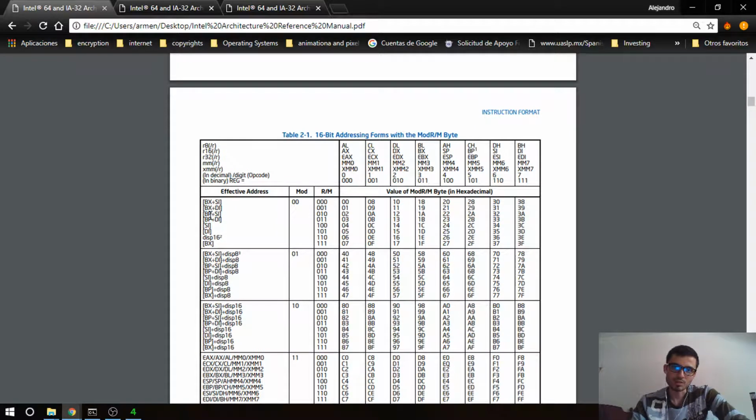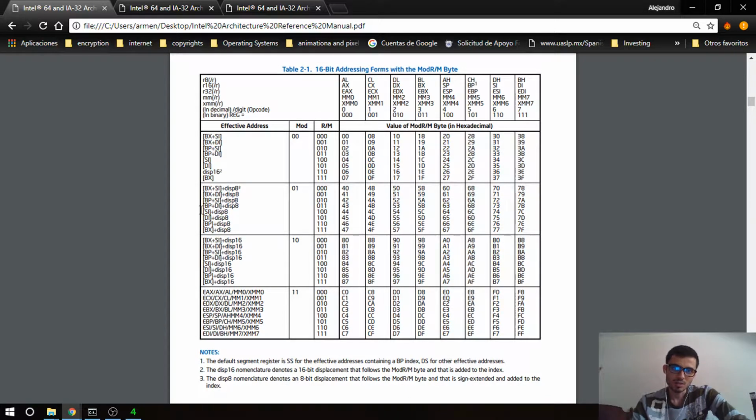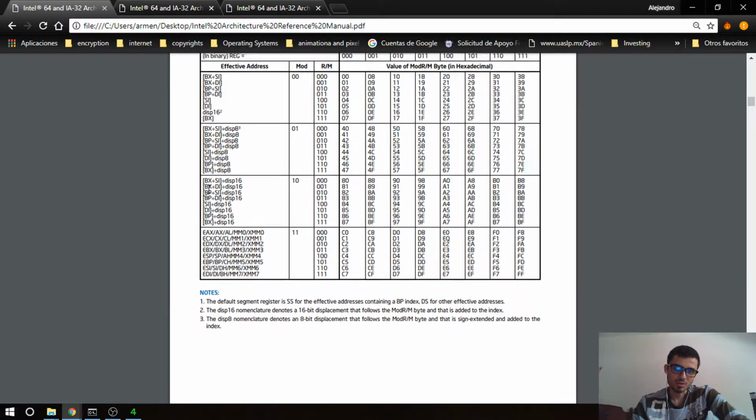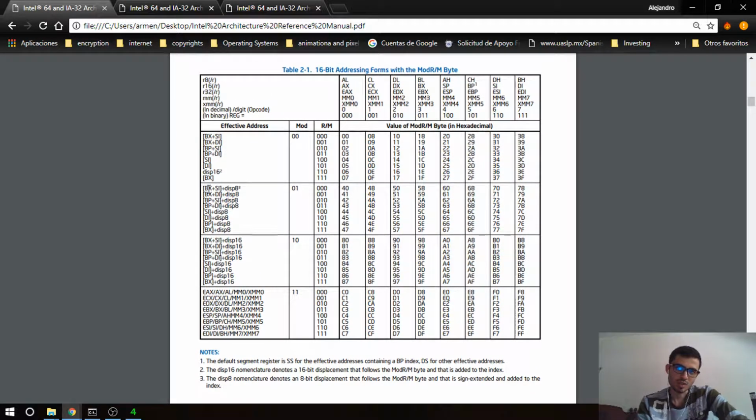Because you're using 16-bit addressing modes, you have to use 16-bit registers as well: BX plus SI, BX plus DI, BP plus SI, BP plus DI, SI, DI, BP, BX, plus displacement 16. You have displacement 8 and displacement 16.